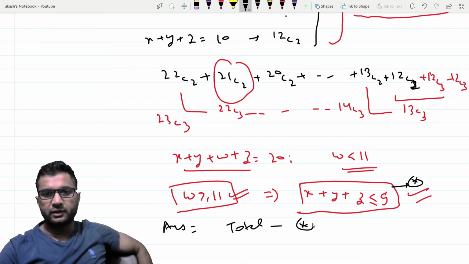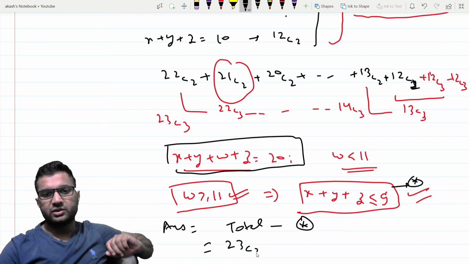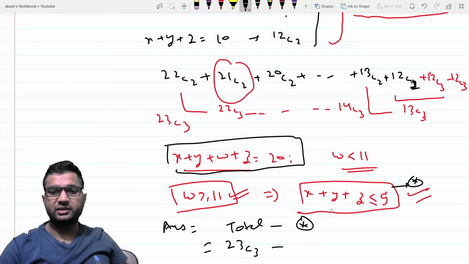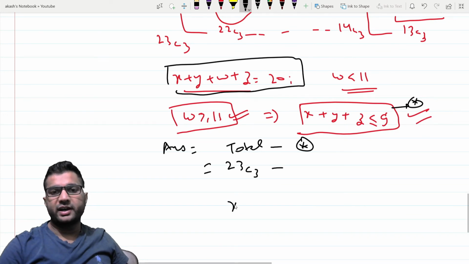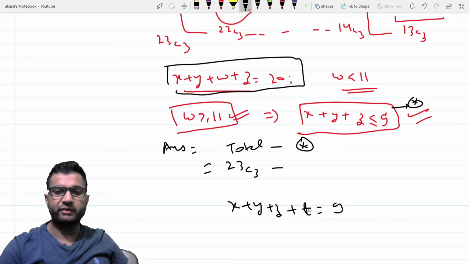Okay, so the total number of solutions corresponding to this equation is, with 4 beggars, I need to introduce one lesser coin, that is 3. So 23c3 is the total number of solutions, minus the solutions of this inequation, which I just solved in the last question.